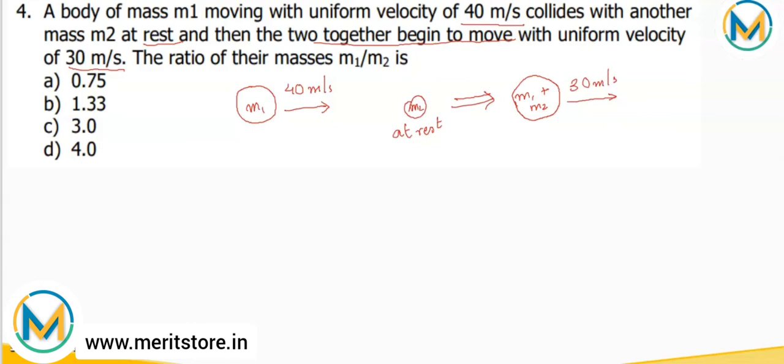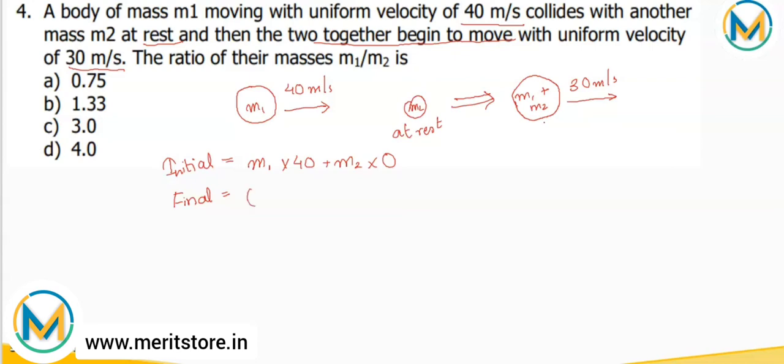Now we'll find the initial momentum. That is m1 v1, so m1 is as it is, v1 is given, that is 40, plus m2 as it is, and the velocity is 0. Then we'll look for the final momentum, for the second condition.